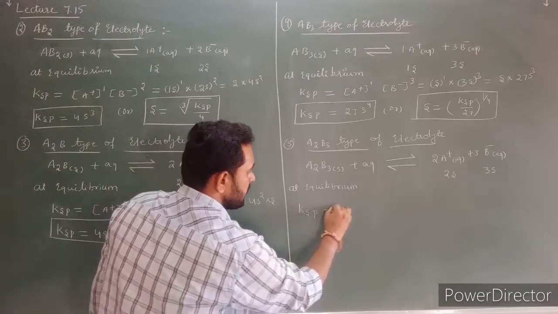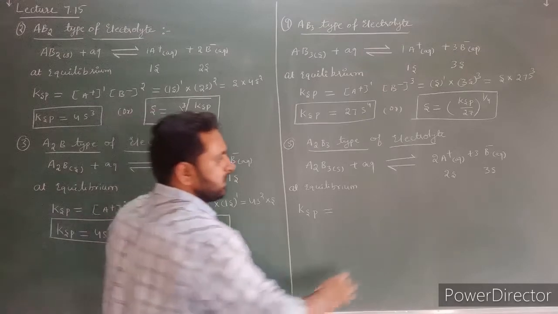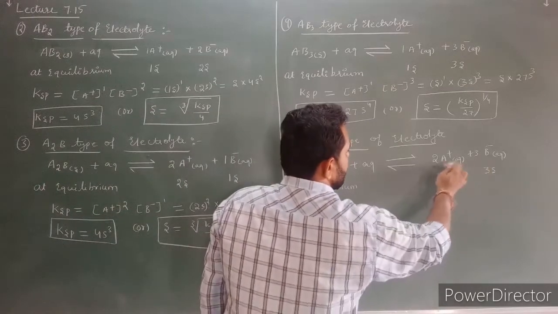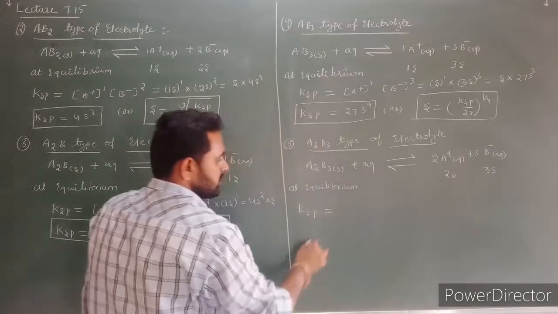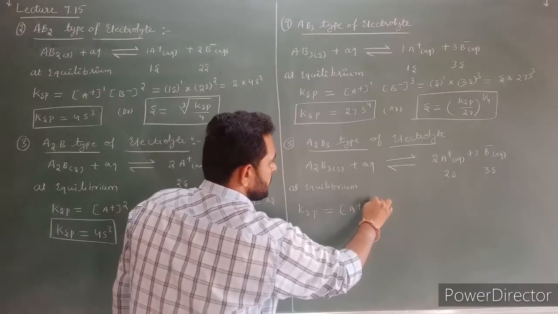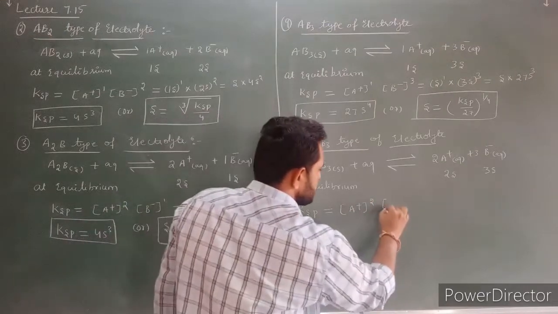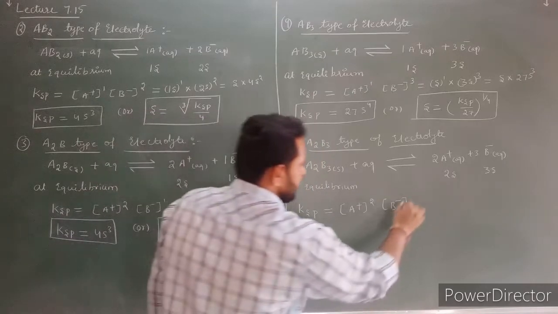Ksp is equal to the product of molar concentration of ions present in saturated solution. In saturated solution, the ions are A plus and B minus. So molar concentration of A plus ions and its stoichiometric coefficient is 2 into molar concentration of B minus ions and its stoichiometric coefficient is 3.